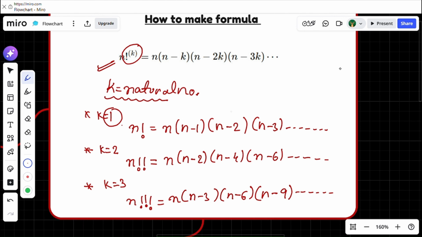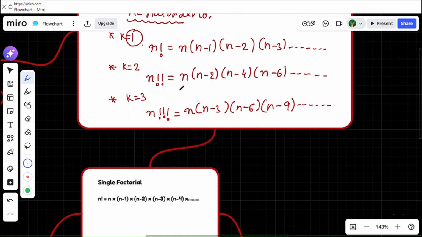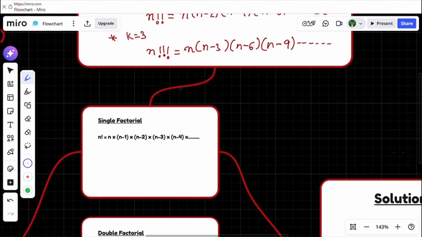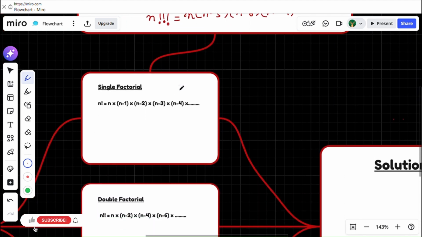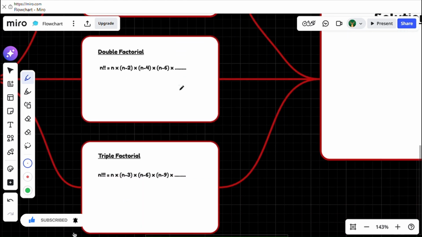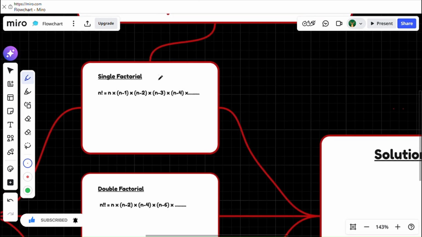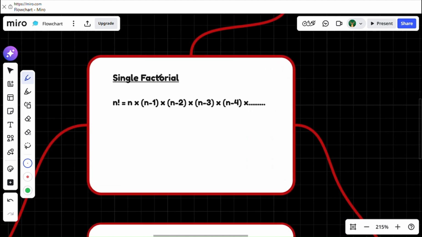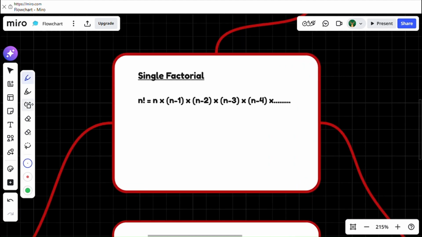So next, we know the single factorial formula, this, and the double factorial formula, this, and the triple factorial formula, this. So now let us find the single factorial value. We know that the question gave me 4 single factorial, so we can let n be equal to 4.